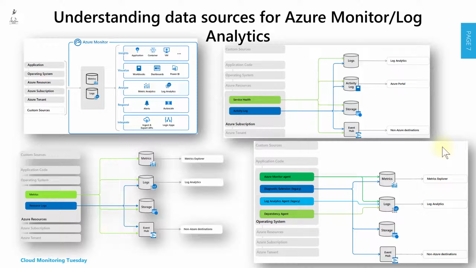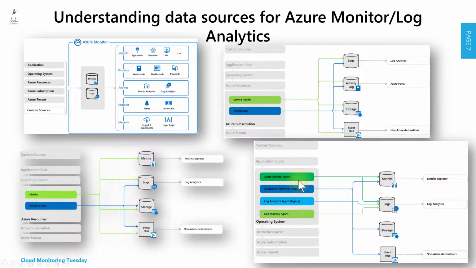Again, just to remind you, this is how Azure Monitor and Log Analytics work and how they collect the data. You can find on the diagram the different layers. There is the integrated Azure platform, for example, or services on the Azure subscription, such as health services and activity logs, that send data to the activity logs. When we are talking about Azure resources, there are additional metrics and resource logs that send other information.